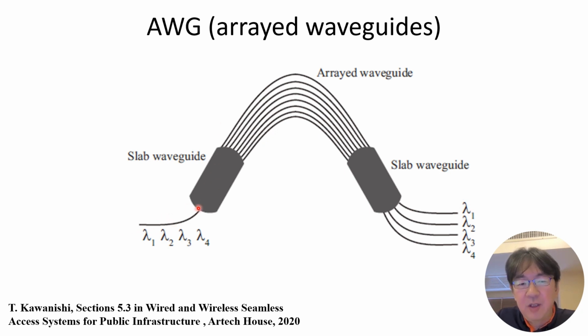If we input the WDM combined signal from here, we can discriminate the WDM channels like this. So we can use this for multiplexing and also for demultiplexing.